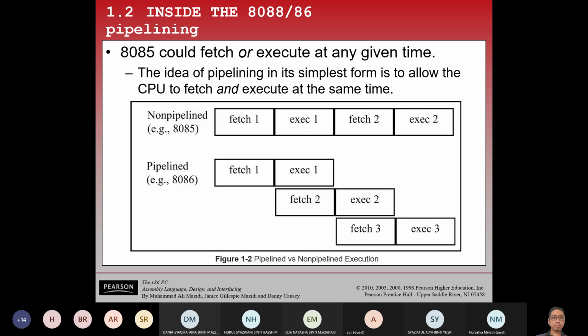If we feed information to the microprocessor, let's say from the keyboard we type A, then A is going to be processed by the microprocessor, fetched and executed at any given time.